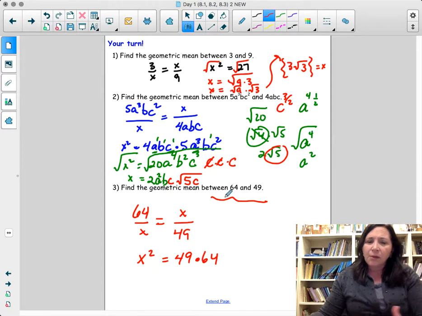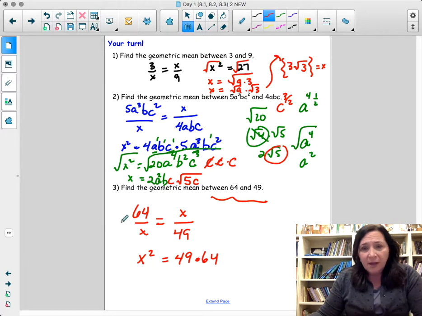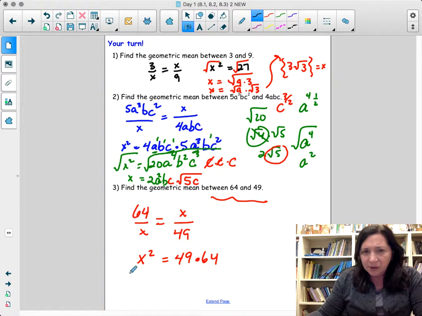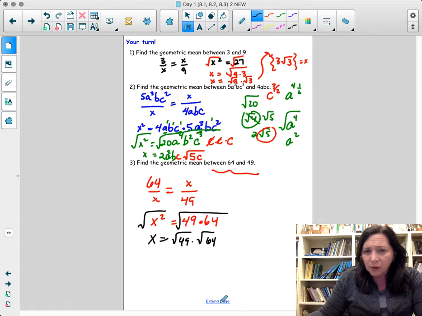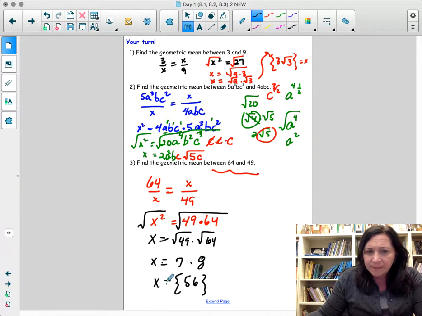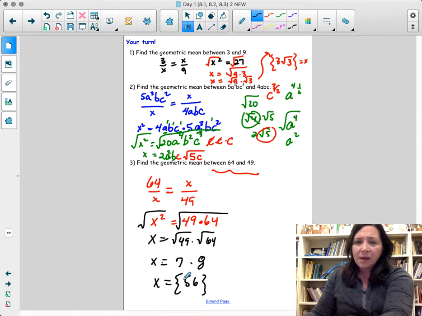And again, you're welcome to multiply that out, but it's not necessary, because when you take the square root of these values, you get the same thing as saying x equals the square root of 49 times the square root of 64. The square root of 49 is 7, and so you have 7 times 8. So x is equal to 56. And that's my value.